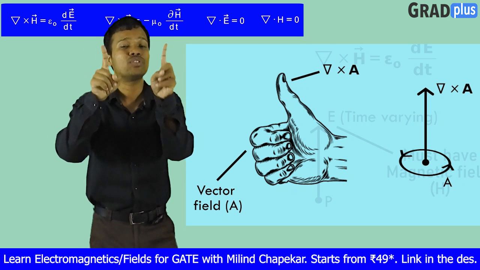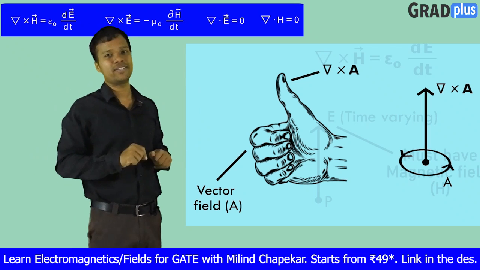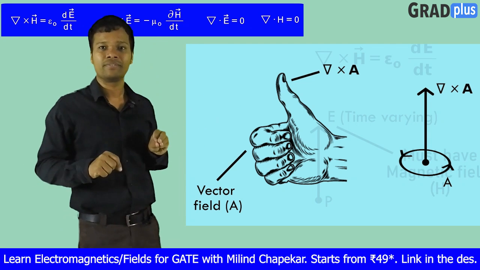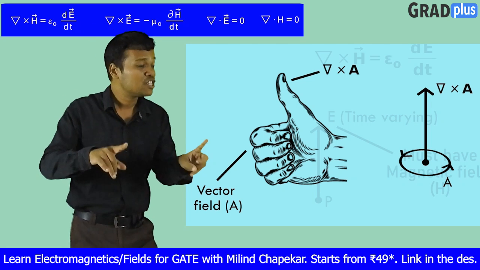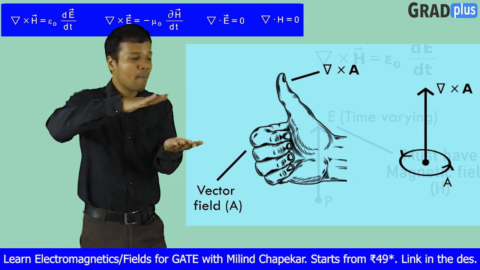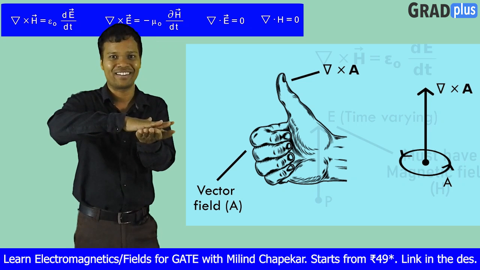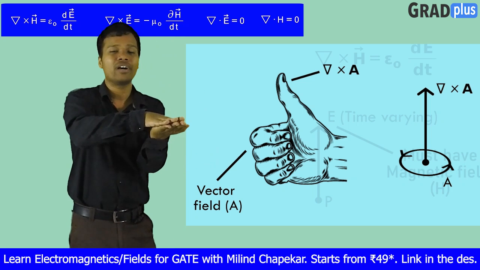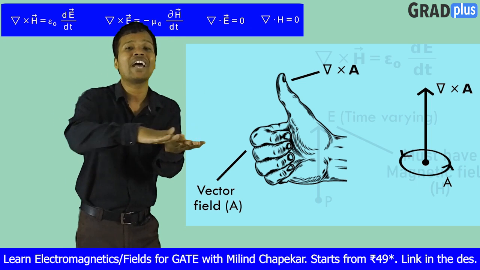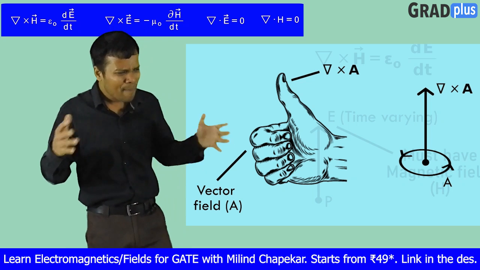You must have seen these things in your basics. So my point over here is, the direction of curl vector or del cross A, it is perpendicular to the plane of that field vector, provided maximum circulation is there. The curl vector is perpendicular to the plane of that field vector. Am I right?